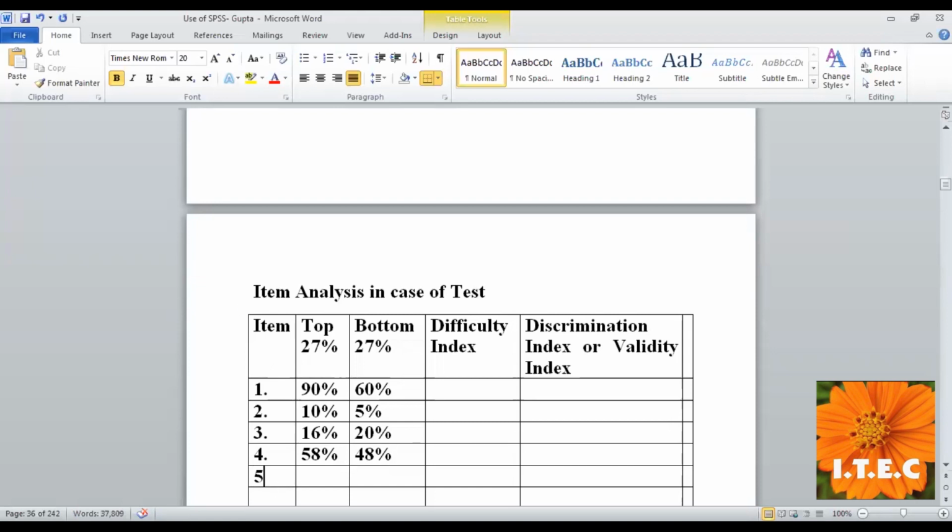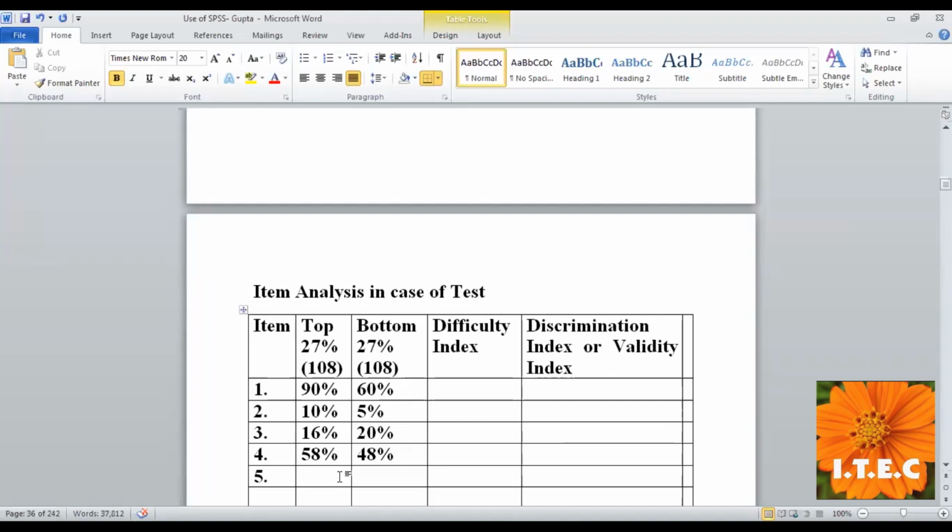So like this you can find out that each item is correctly attempted by what percentage of the people, because here you have 108 people, and here also you have 108 people, because 27% of 400 is 108.